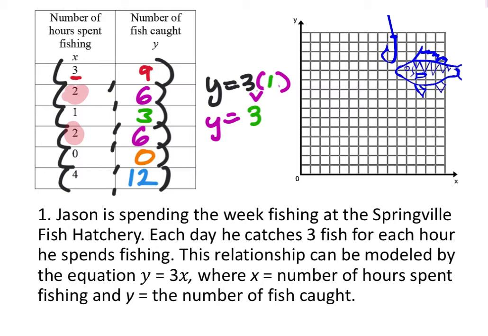Again, if no x values repeated, then we could say it's a function automatically. But this one, it's showing two x values that are the same, different times. But the y values match, which means this one would be a function.